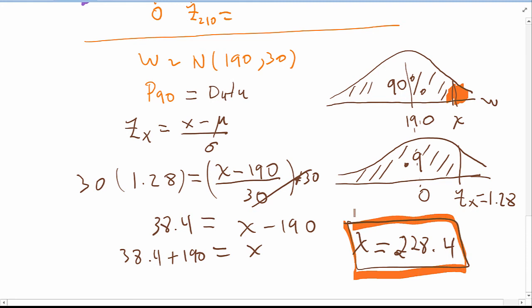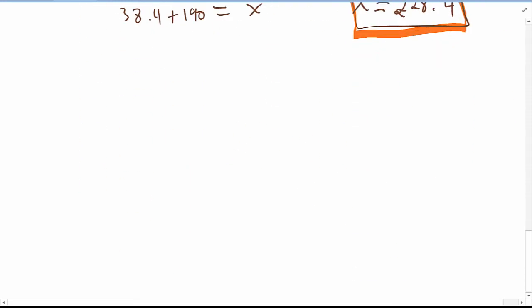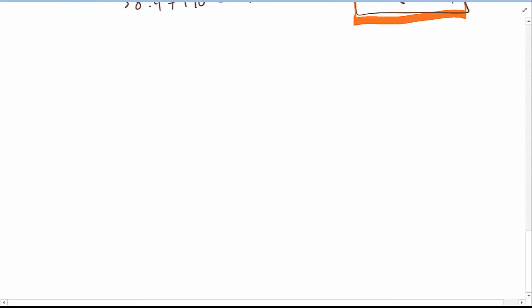All right, so it's a very interesting problem because a lot of times that's what we're looking for. We're looking for a data value, so that a given percentage of data is below that value or above that value. Another interesting problem is the one right here. So let's assume that we have the same data, male weights, normally distributed, mean 190, standard deviation 30, all right?